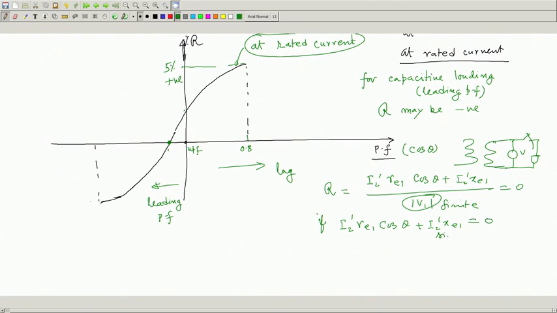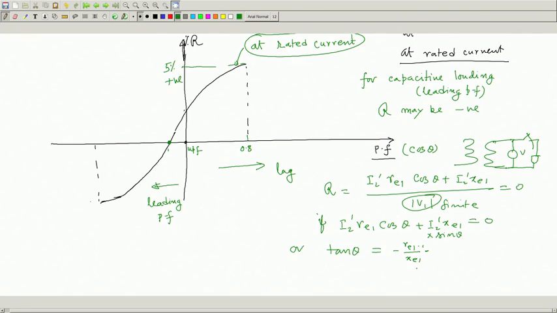You can easily see tan theta, that is sin theta by cos theta, is minus Re1 by Xe1.